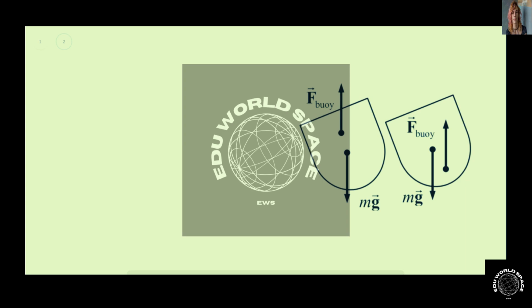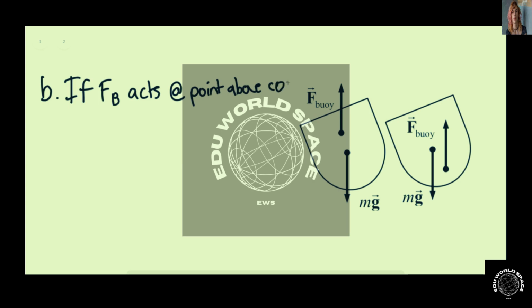Now, for part B, they're asking us essentially, how is stability achieved? Well, we can see this in these diagrams. We know that if the buoyancy force were to act at a point above the center of mass, we can then say that we're going to reduce the tilt.